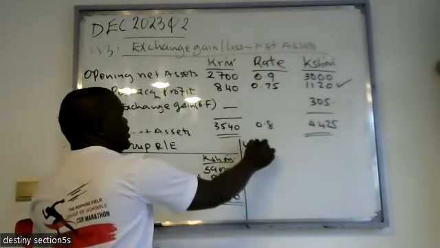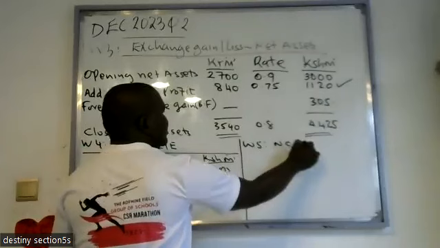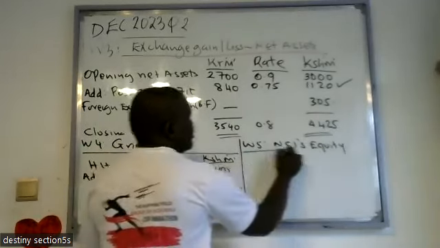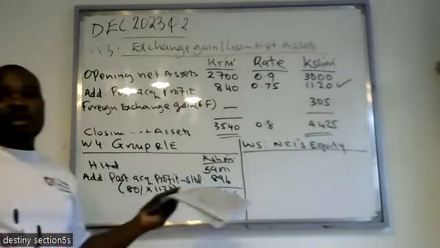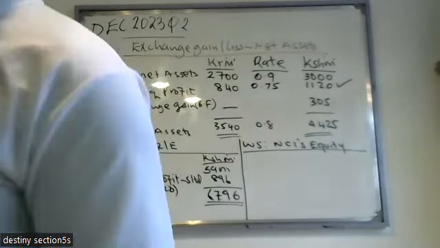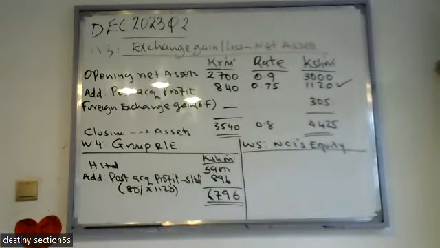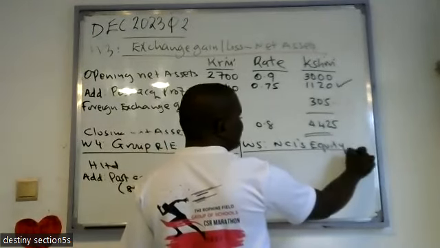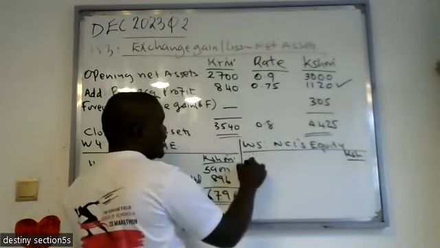Then our last working will be NCI's equity. Then we are done with workings. Ili tunaweka hapa ni waste time. Kitu muhimu ujue rates tukienda kwa presentation. So non-controlling interest, we can start. In Kenya shillings, you start with their fair value.